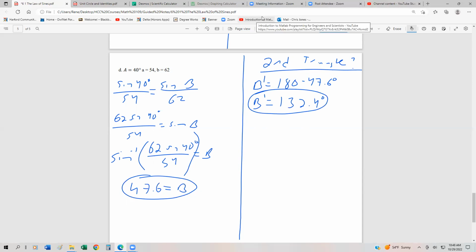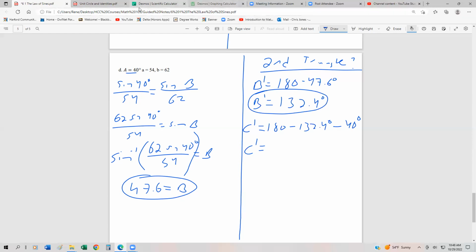To get C prime, that's going to be 180 minus 132.4 minus 40. And if that number is bigger than 0, then a second triangle does exist.